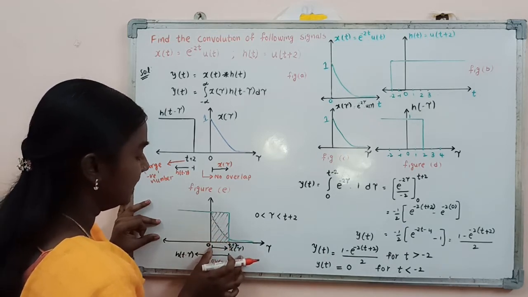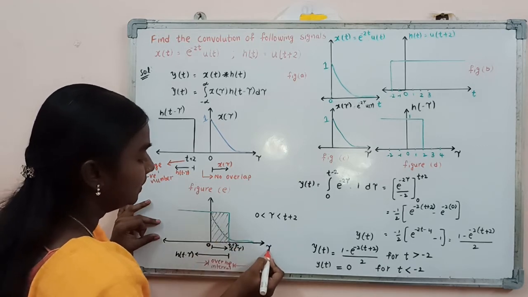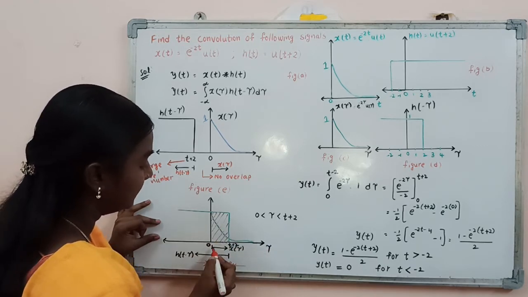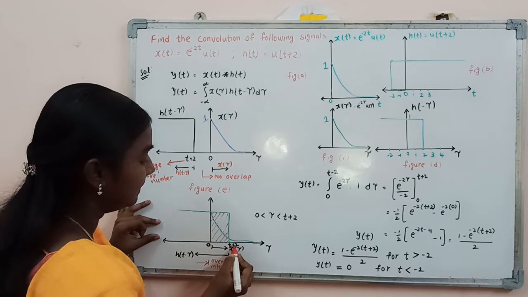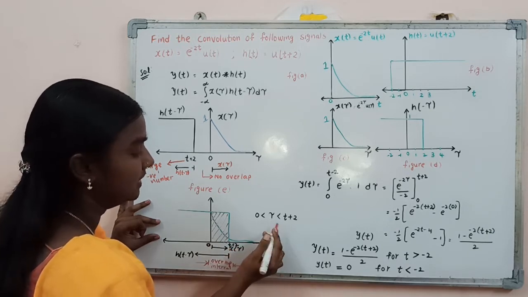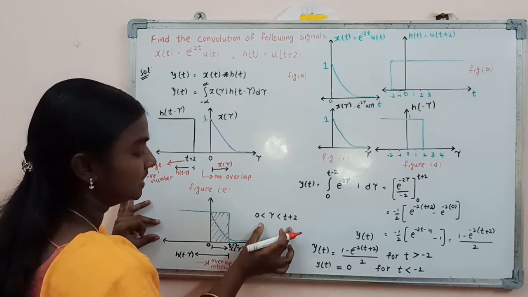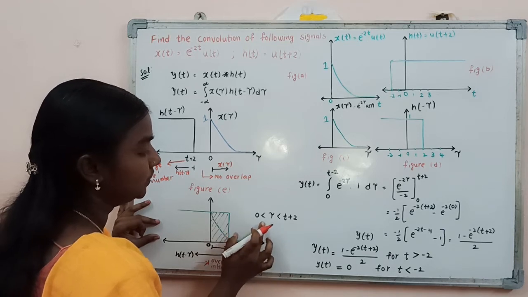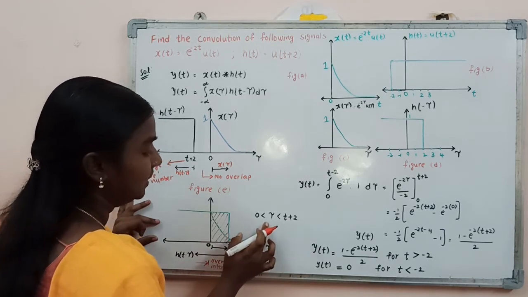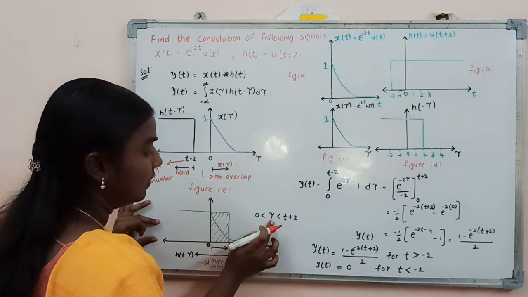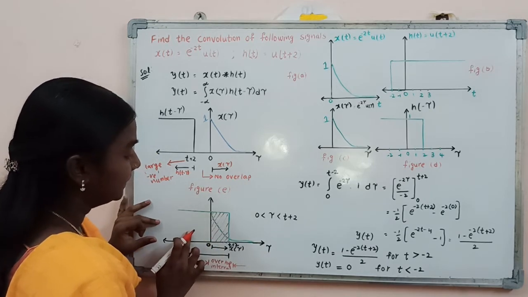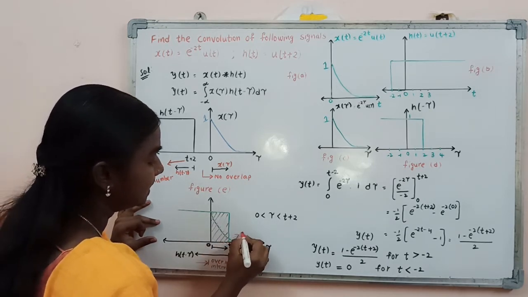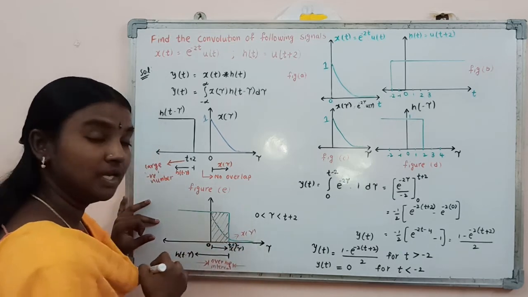Here the tau integration limits are 0 to t plus 2. If tau is less than 0, the x of tau signal is 0.